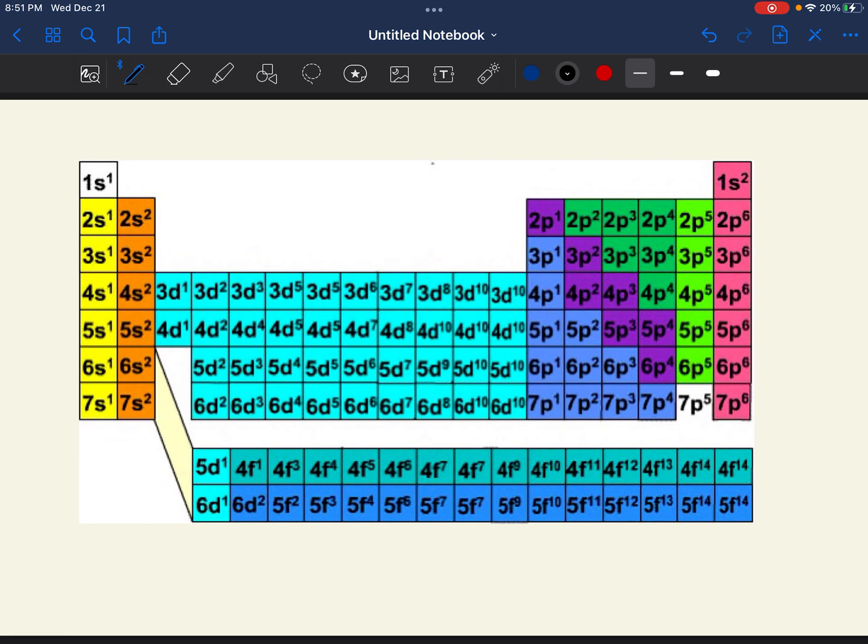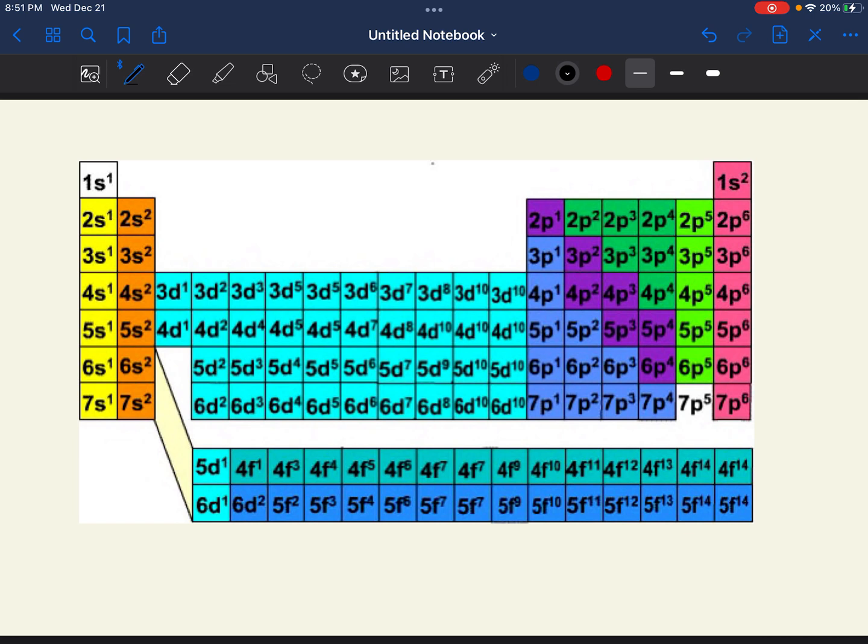Okay, so this is the periodic table that shows the electron configuration, and I know it looks really overwhelming, but trust me, it's not as complicated as it looks. I'll go more into it in the next slide about how we're exactly going to use this in electron configuration, but I just wanted to point out something.